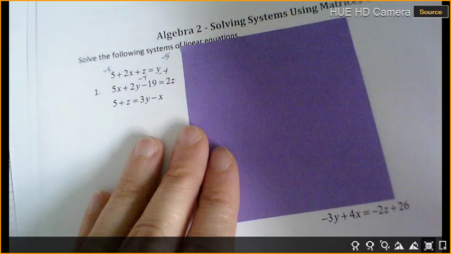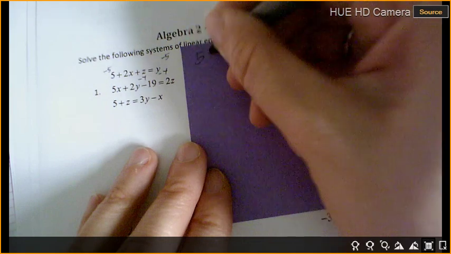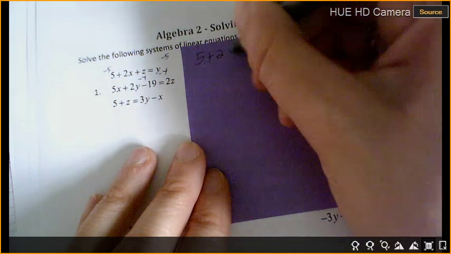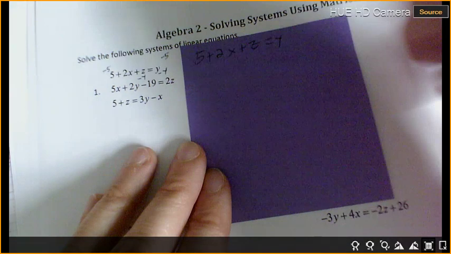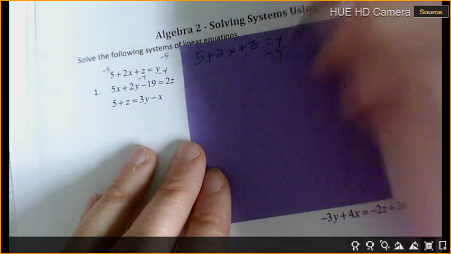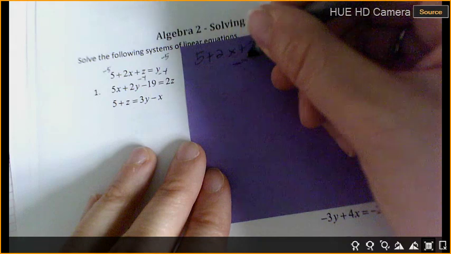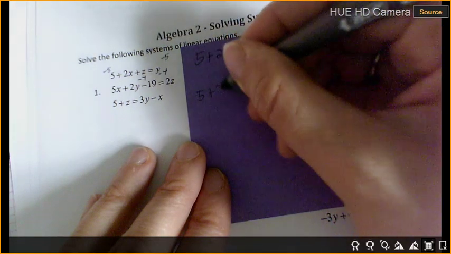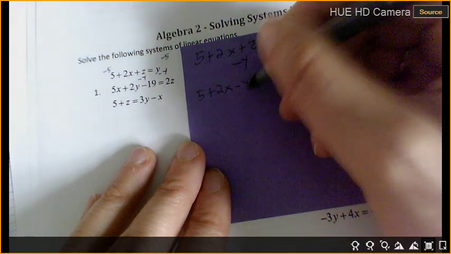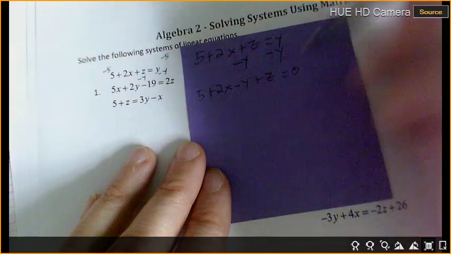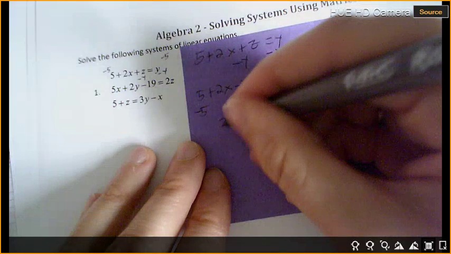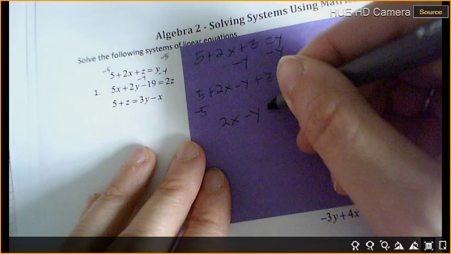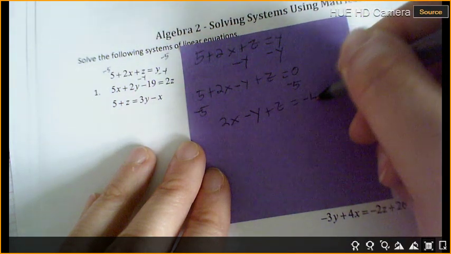I've got 5 plus 2x plus z equals y. First thing I'm going to do is subtract y from both sides. So I get 5 plus 2x minus y plus z equals 0. Now I'm going to subtract 5 from both sides. 2x minus y plus z equals negative 5.